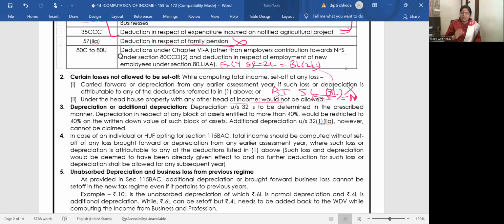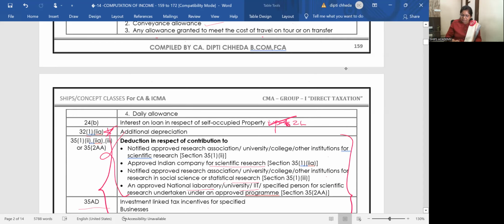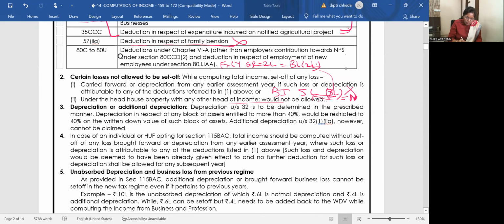House property. But tell me one thing, within H1 and H2, is it allowed? Yes. I hope everyone is scribbling and making notes in your textbook. If you miss out, you will come and ask questions later. Write this here: H1 has a loss, H2 has a profit, set off allowed.